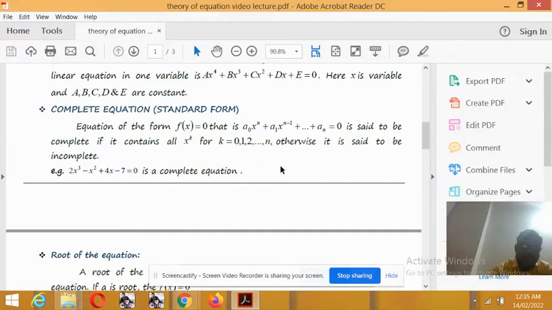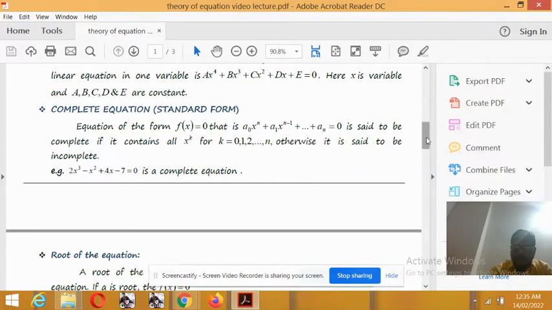That is, x to the power 3 is present, x to the power 2 is present, x to the power 1 is present, and x to the power 0 is present. That means if it is a cubic equation, it should have all these terms. If it is a biquadratic equation, then we should have x to the power 4, x to the power 3, x to the power 2, x to the power 1, and x to the power 0 present in the equation with a non-zero constant as the coefficient of it.